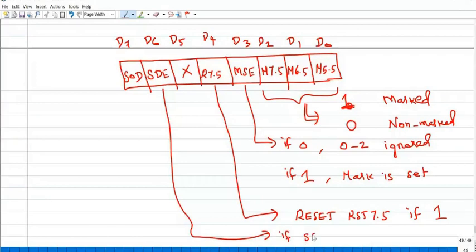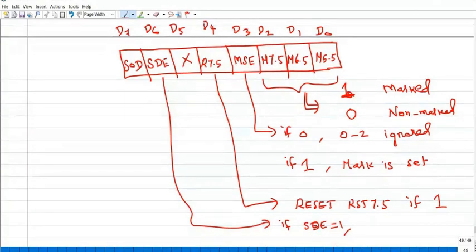If SDE equal to 1, it indicates the microprocessor enables the serial data transmission, particularly serial output data.